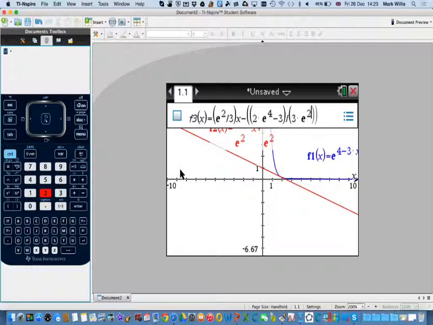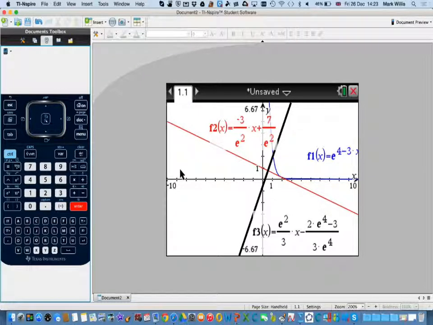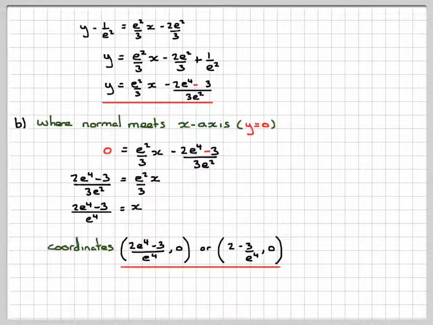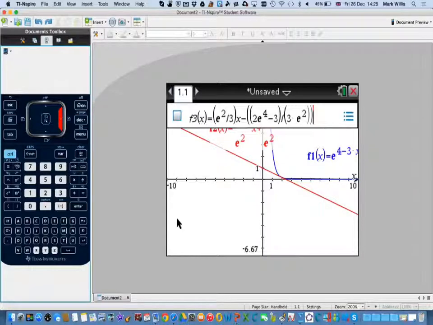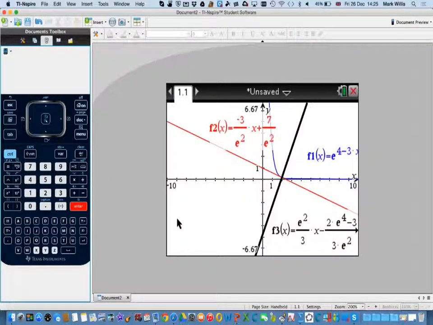Should be e to the 4. So, okay, go to the end and press enter. It should be 3e squared, enter. Okay, so there we got that.